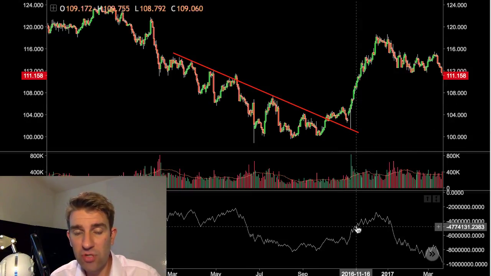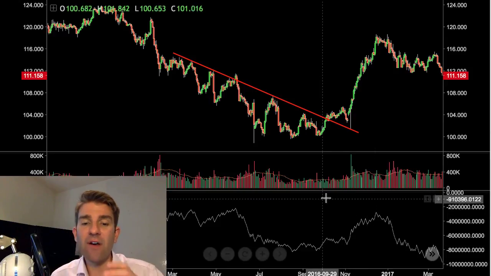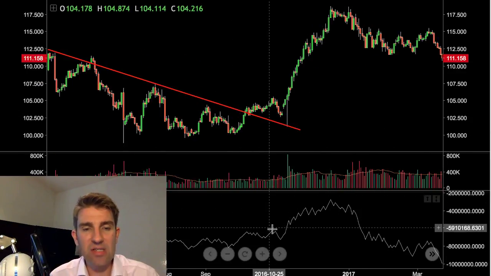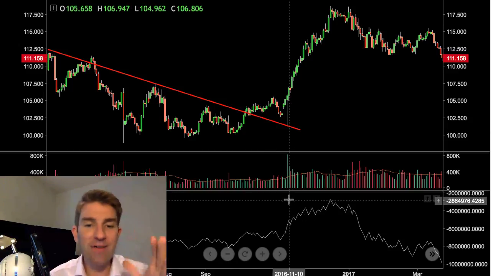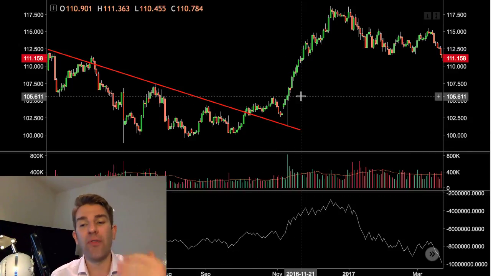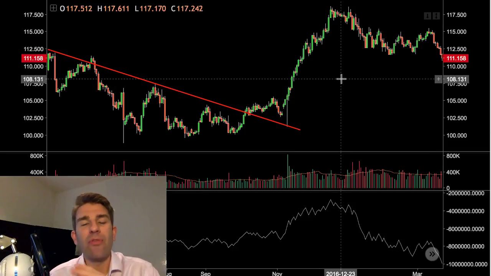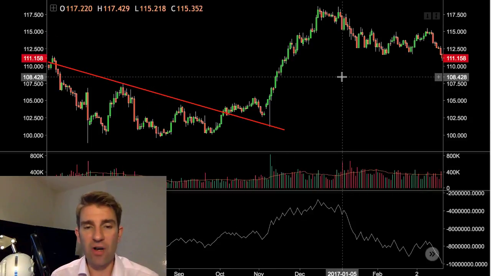OBV starting to push up too, pushing to highs. Very nice. We can use that as a confirmation indicator that says, yeah, we're pushing out and volume's coming in. Volume is greater on the up days than it is on the down days. And I'm going to stick with the trend until something gives me a sign to come out, at the end of the trade or whatever reason.